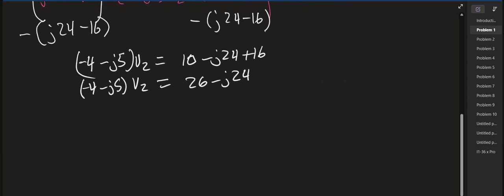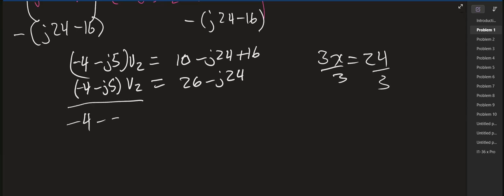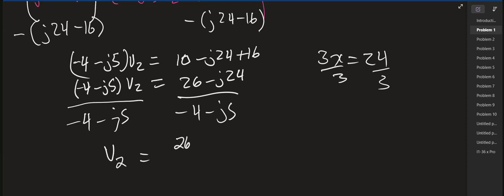Okay, so now, just like if I had 3x equals 24, I would divide both sides by 3. Here I'm going to divide both sides by minus 4 minus j5, and I get V2 equals 26 minus j24 over minus 4 minus j5.